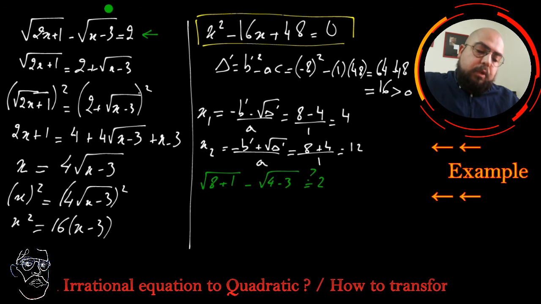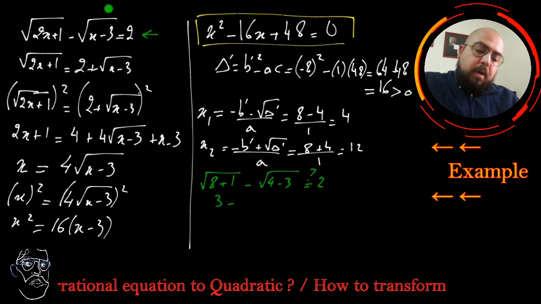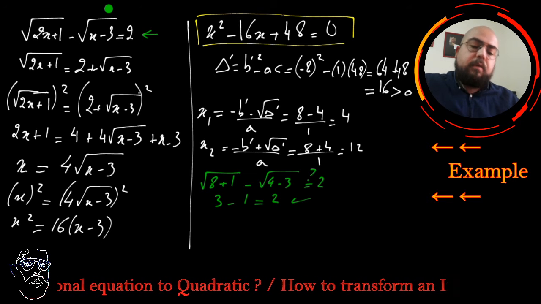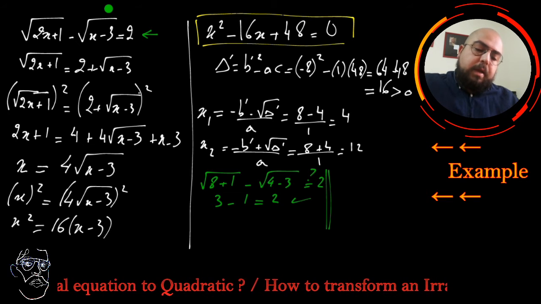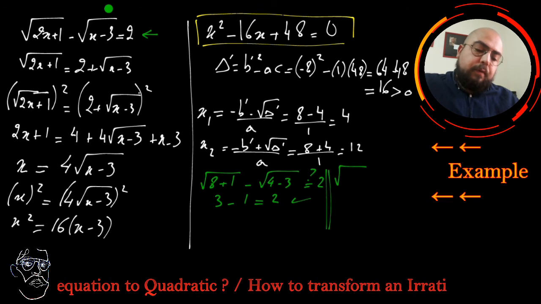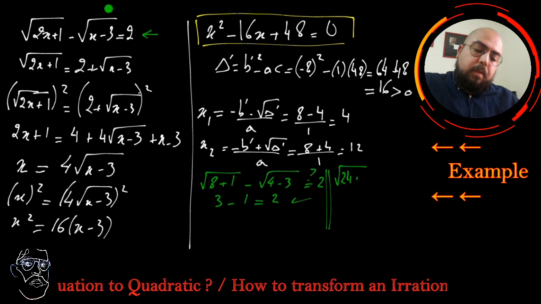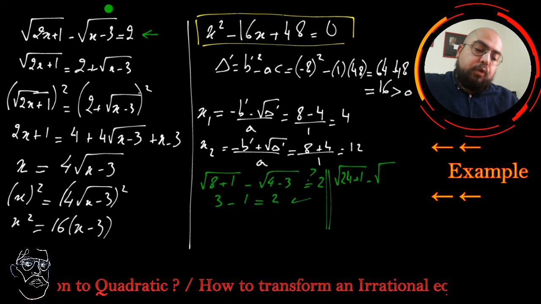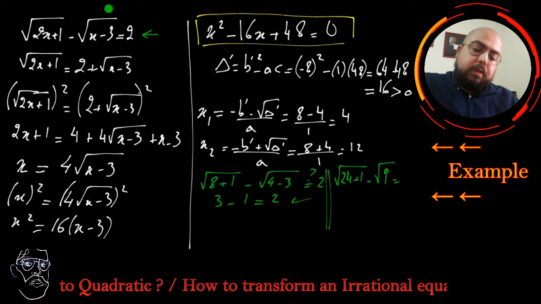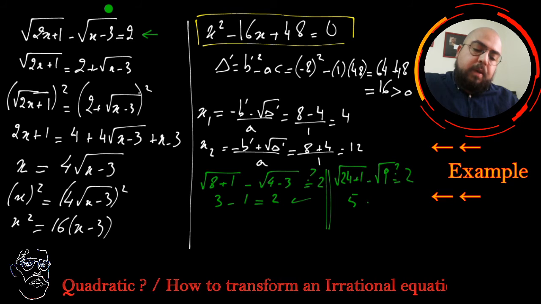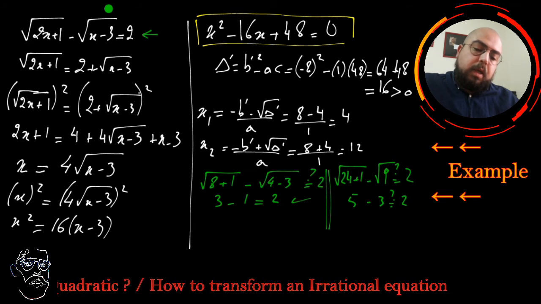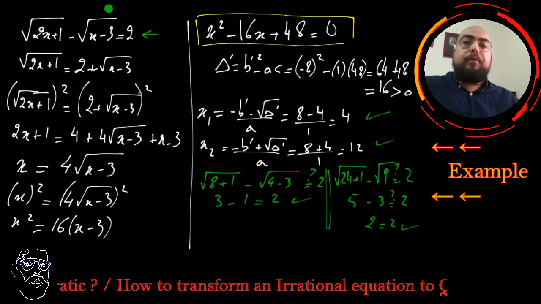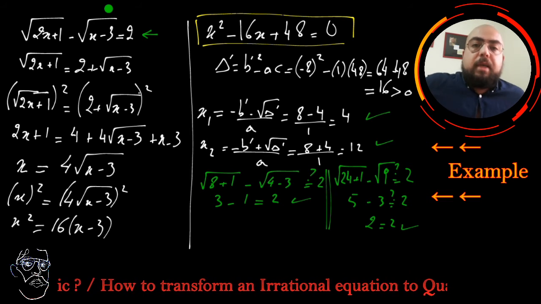So it's the square root of 9, 3 minus 1, which is actually equal to 2, so it's acceptable. As for the second one, the square root of 2 times 12, 24 plus 1, minus the square root of 12 minus 3, which is 9. Is it equal to 2? So 5 minus 3, is it equal to 2? Again, 2 is equal to 2, so it's acceptable. Both of these roots are actually acceptable values.